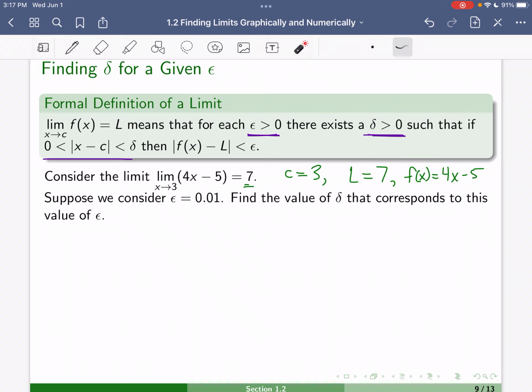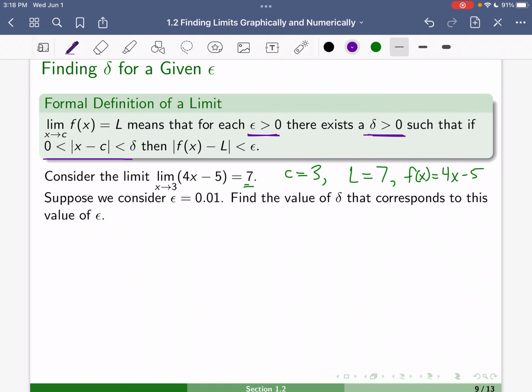So we are going to think about having epsilon be equal to 0.01. We are then going to find a value of delta that corresponds to that. What we will do is start here, and then work backwards to figure out what value of delta we would need in order to hit this restriction.